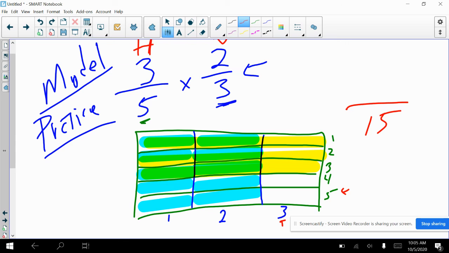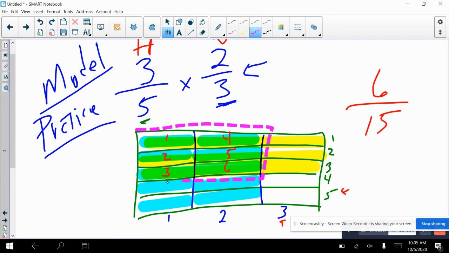Okay, how do I get my numerator now? Okay, very good. How many shaded boxes have 2 colors in them? You see that?